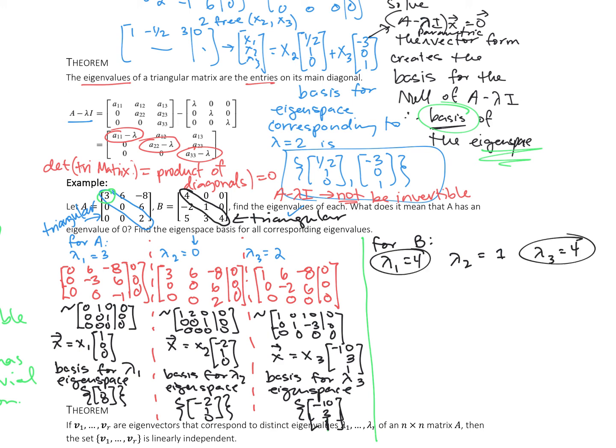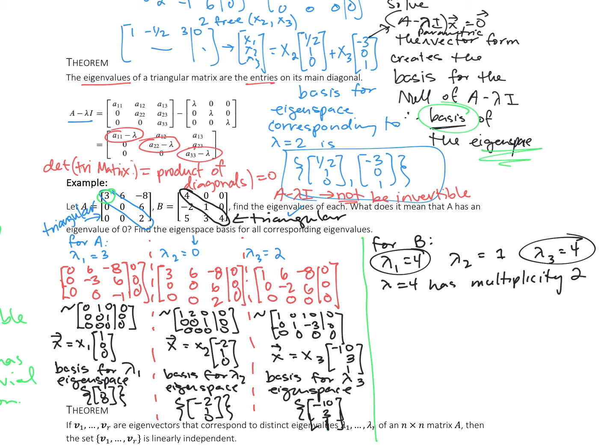So you'll notice that I actually have the same eigenvalue. What that means is that the eigenvalue of 4 has a multiplicity of 2. So we treat it twice, right? It has multiplicity.